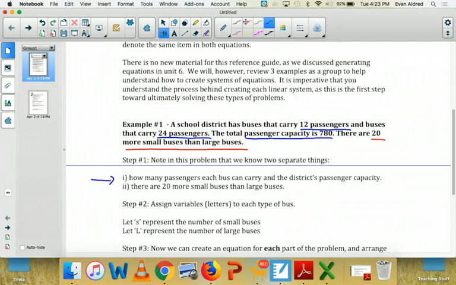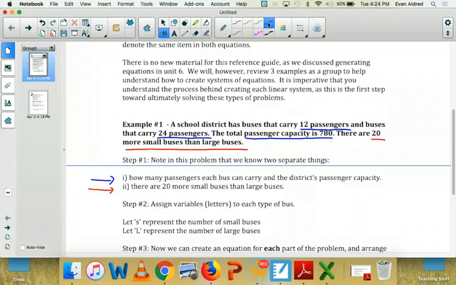We know that there are buses that can carry 12 passengers and buses that can carry 24. We also know that in total 780 passengers can be carried. The second thing that we know doesn't deal with passengers. It deals with the number of buses. That information tells us there are 20 more small buses than large buses.